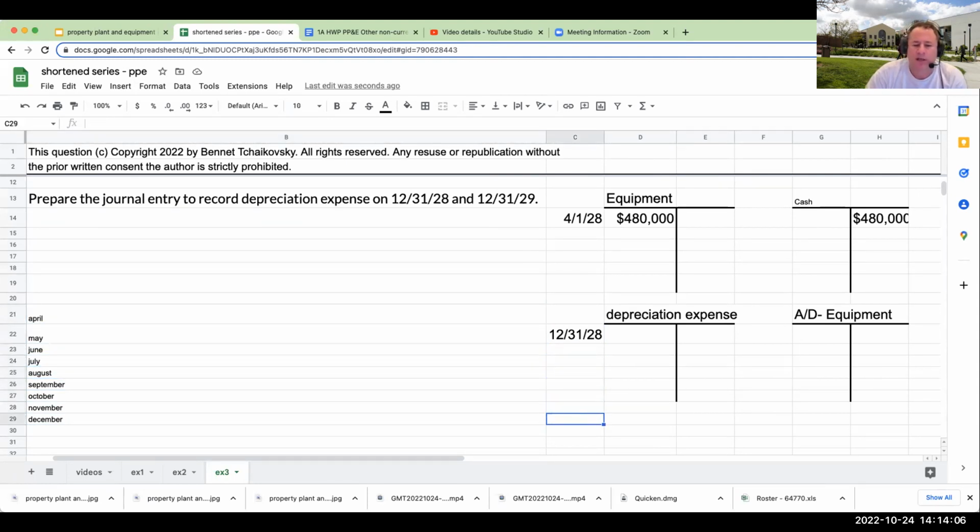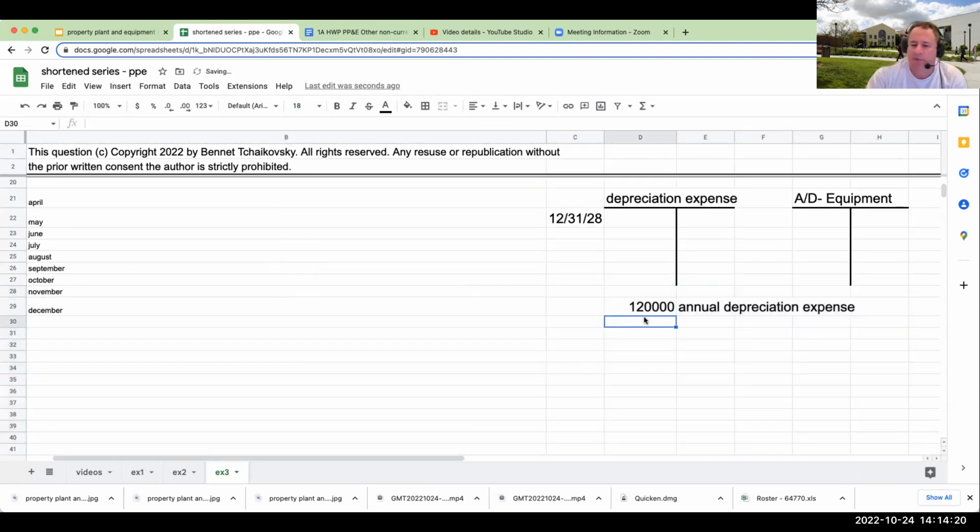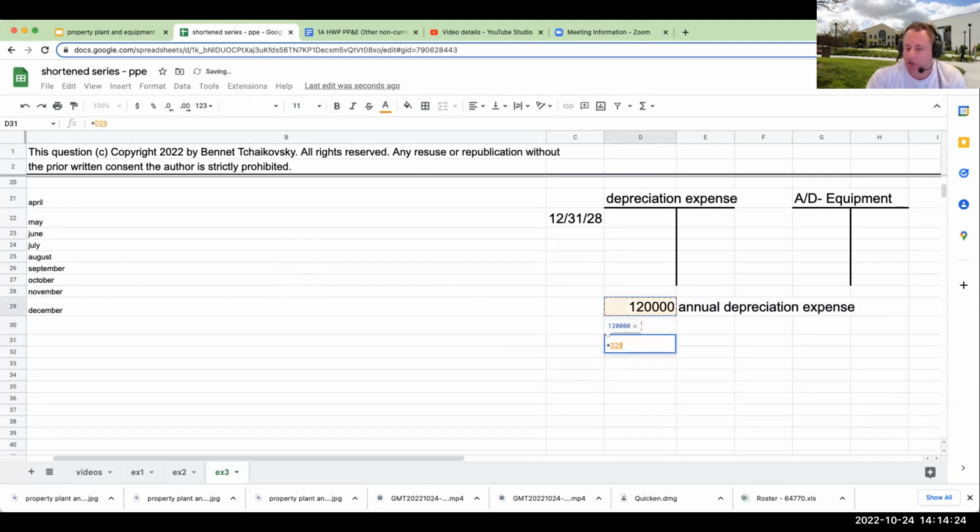So I'm going to take the annual depreciation expense of 120,000, which is what I computed up above, and multiply that by 9/12. This gives me $90,000.